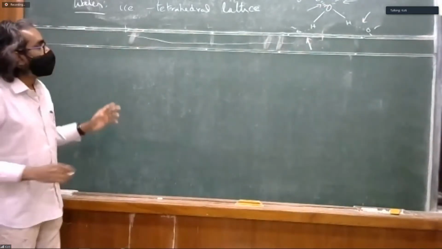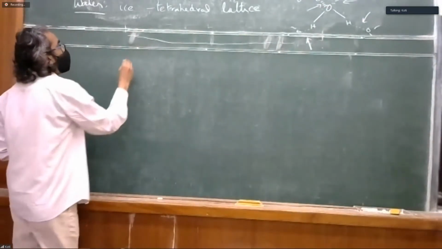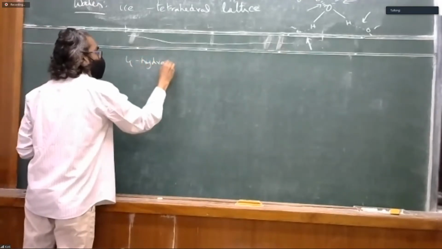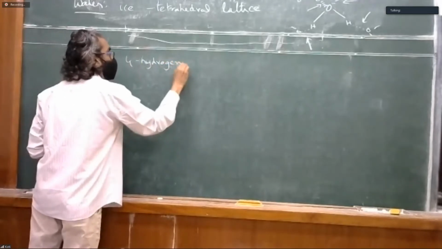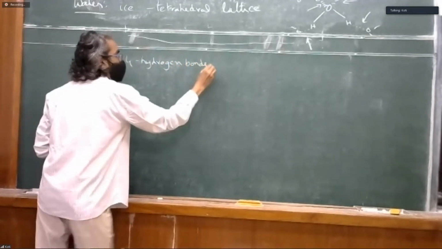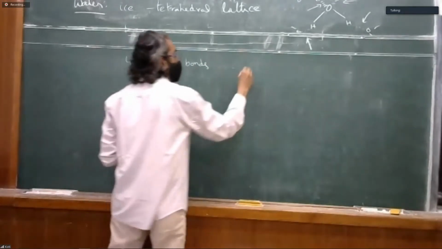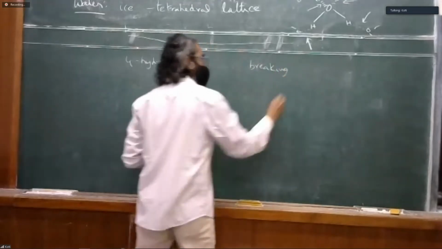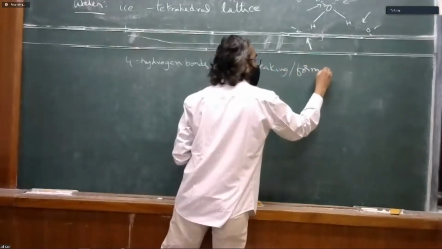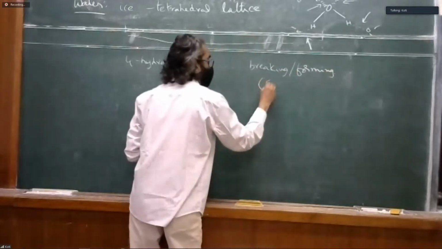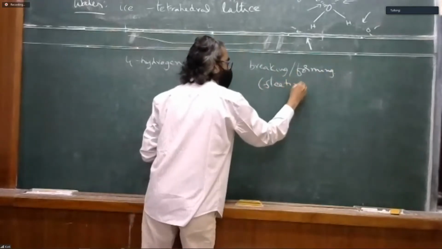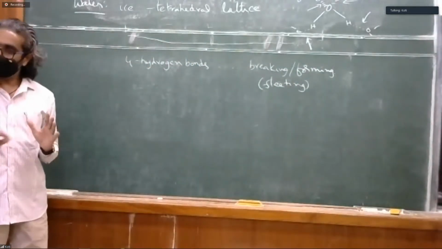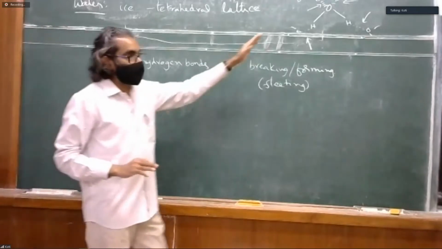So in liquid water, these 4 hydrogen bonds continuously break and then form. Sometimes we call them fleeting hydrogen bonds, but on average water will have 4 hydrogen bonds. Only they are not really fixed.